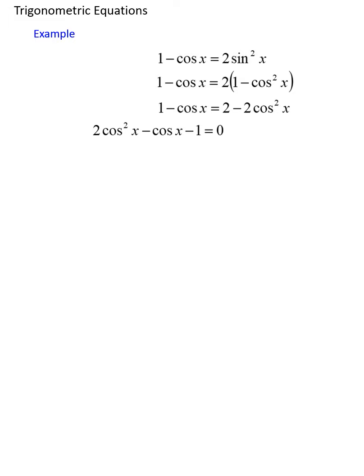Now, if you're seeing a problem like this for the first time, it's got to seem weird. But what mathematicians have discovered is if you set your equation equal to 0, it's actually going to lead to an isolation of the trig function. And how, you might ask?